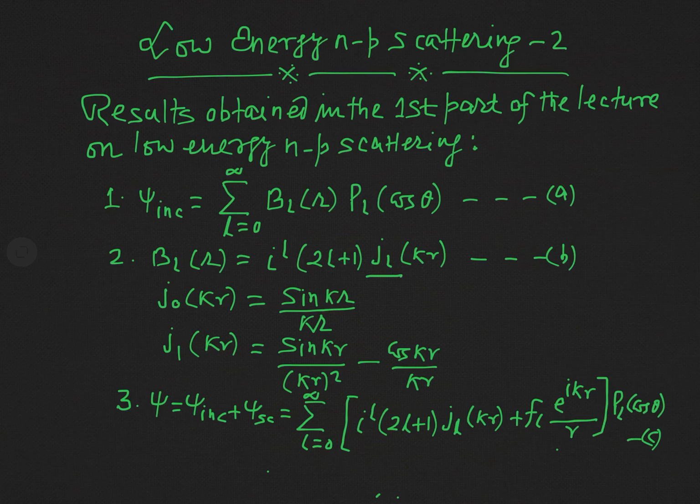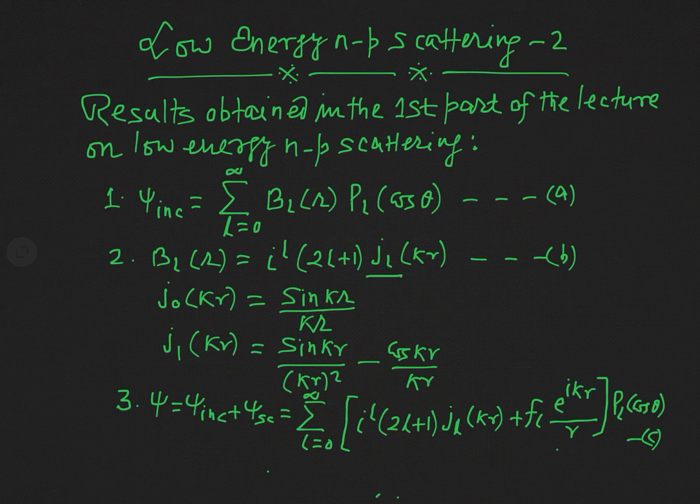And the resulting wave function, which is actually the sum of the incident wave function and the scattered wave function, we have obtained that this was equal to summation L equal to 0 to infinity i to the power L 2L plus 1 JL of KR plus FL e to the power IKR by R, and whole times PL of cos theta.